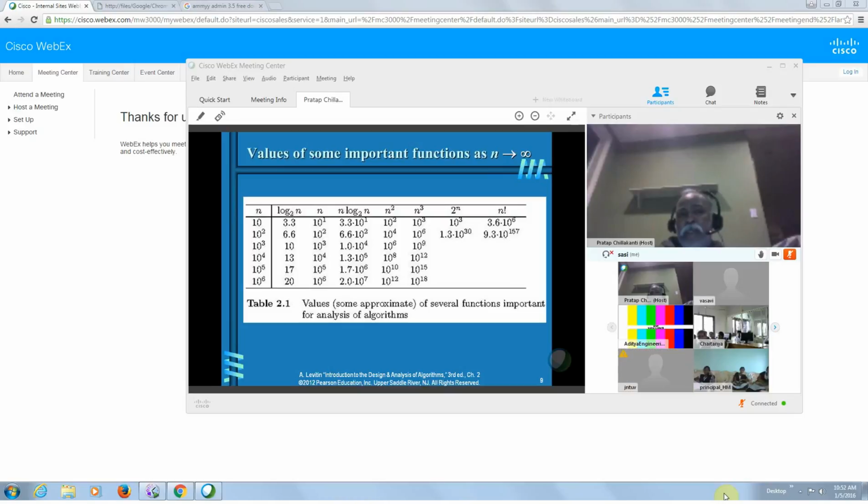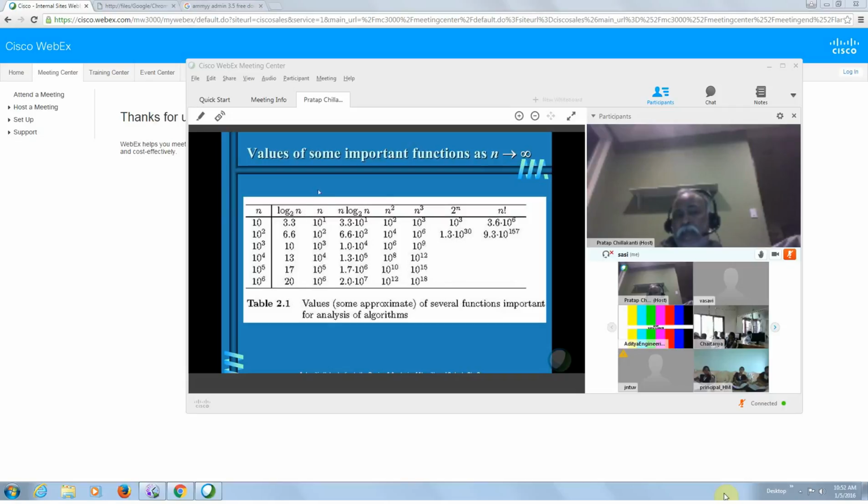I just put this in there for you to refresh, to see the values you get as n, the input size, tends towards infinity. When we get to the algorithms, we talked about order of n, order of log 2n, n log 2n, n squared, n cubed, and so on.